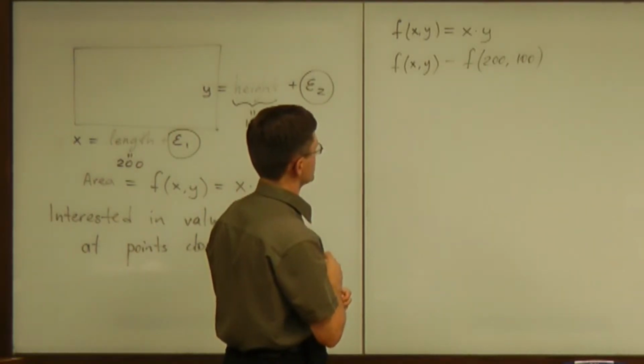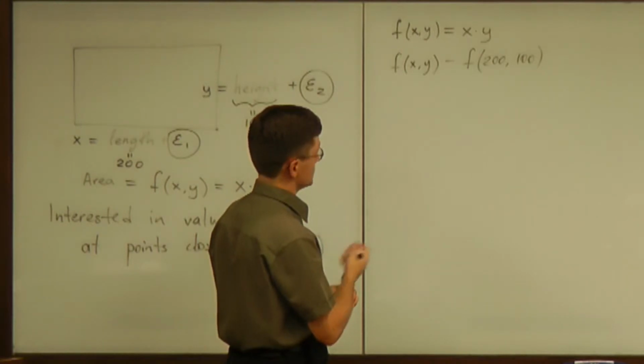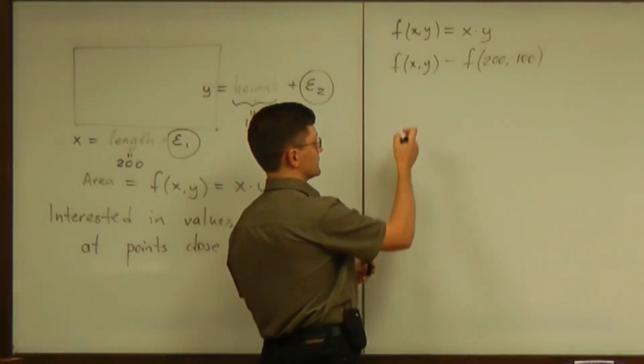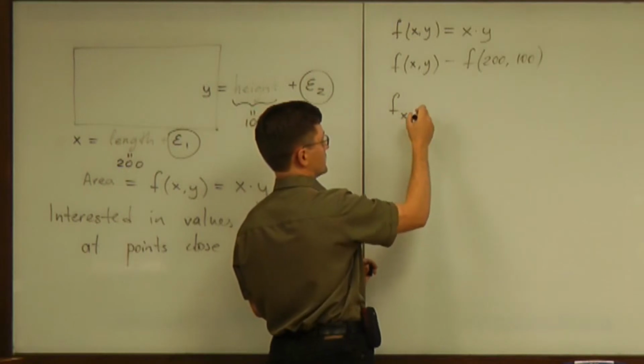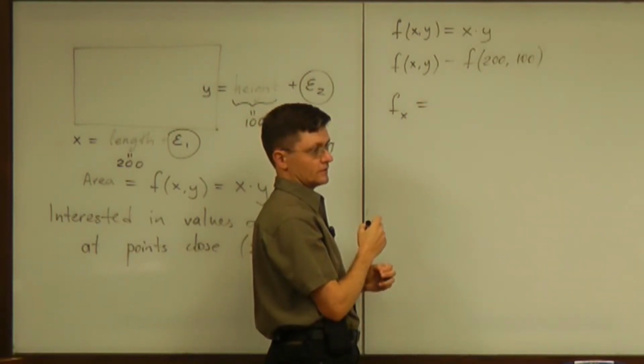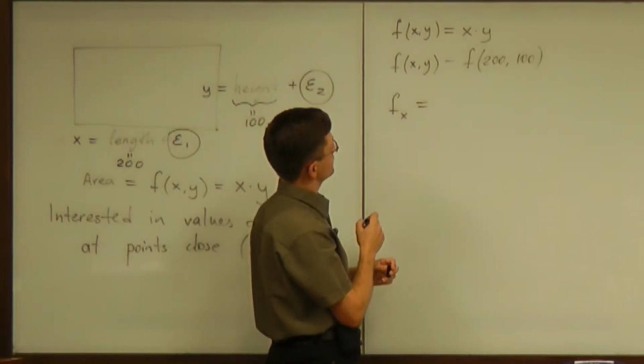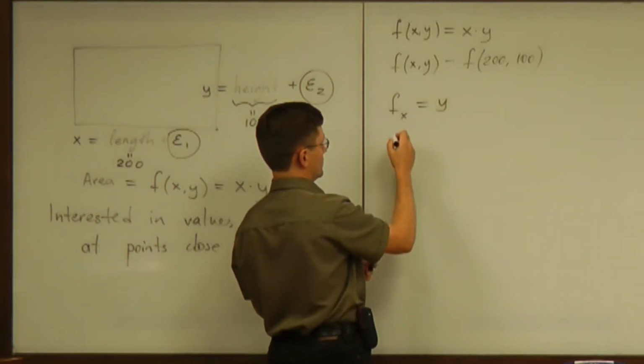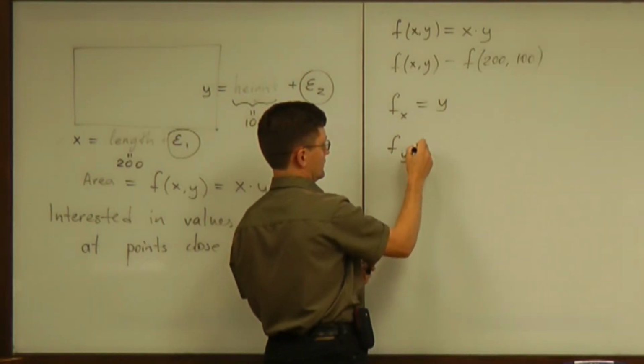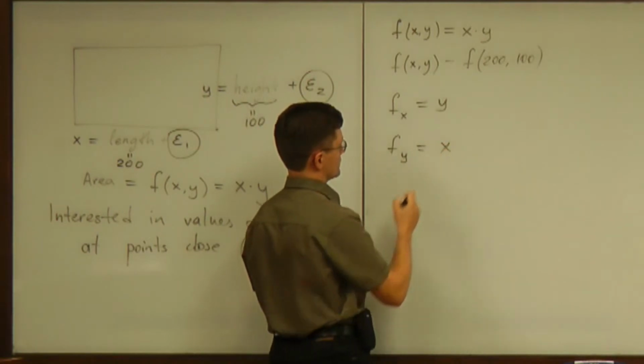So how do we do linearization? Well, we have to take partial derivatives. We have to take the partial with respect to x. It is y. And the partial with respect to y, it is x.